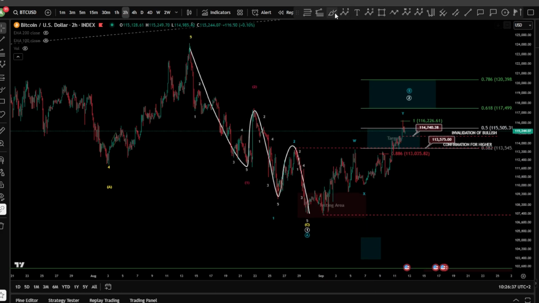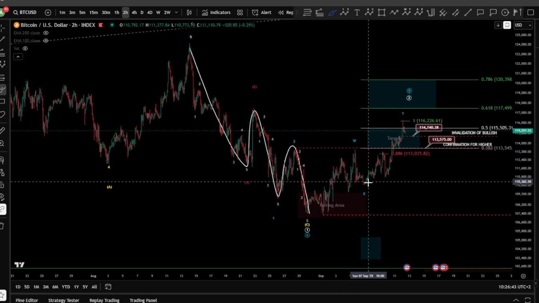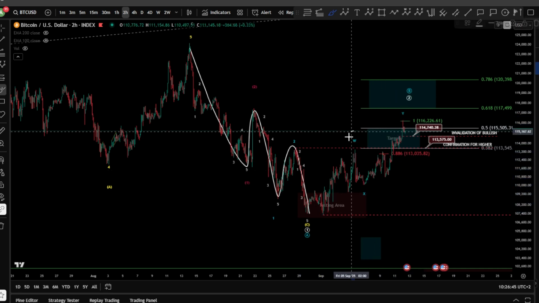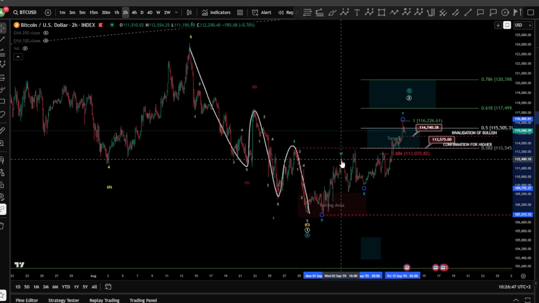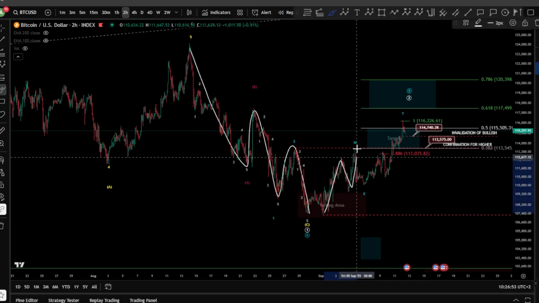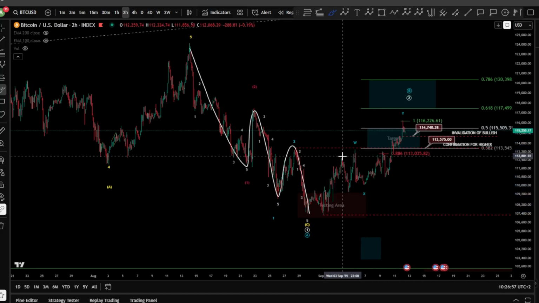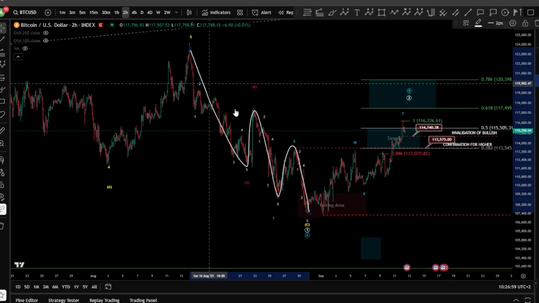And actually, this might be the right target to be hit after a W, X, and a Y. Because after this, we start to see clarity that this might be your W and not this one. Because it is an A, B, and a C potential zigzag here. A, B, C, and then X, and then another A, B, C. So yeah, those are the possibilities right now, guys.